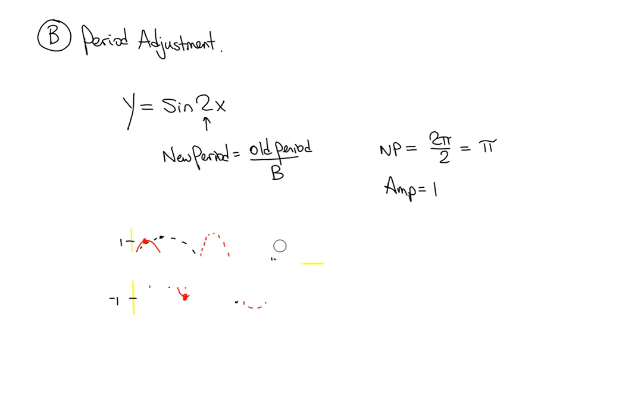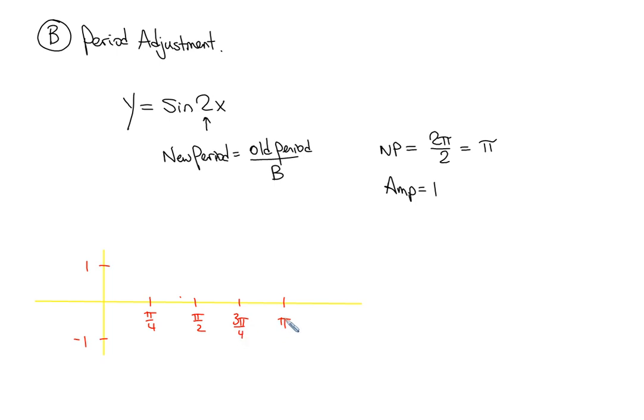these are the only transformations that you can combine right from the get-go. You don't have to start with the parent function. What I would do is this. I would say, okay, my amplitude is 1, so I'm going between 1 and -1. My period is pi, so I'm going out to pi, cut it in half, pi over 2, cut it in half, pi over 4. 1 pi over 4, 2 pi over 4, which is pi over 2, 3 pi over 4, and 4 pi over 4, which is pi.